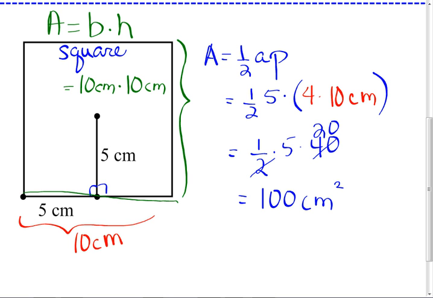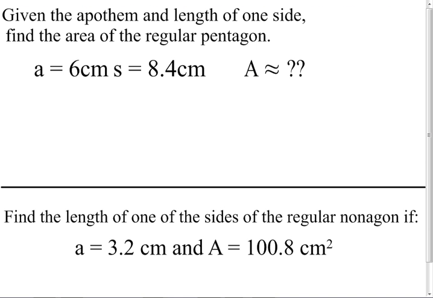And the answer then is 100 square centimeters. I would prefer in a square to use base times height if I have that information. Later on, we'll give you the hypotenuse, and we'll have to figure out all those other pieces, but not yet. Is that okay? That's pretty easy.